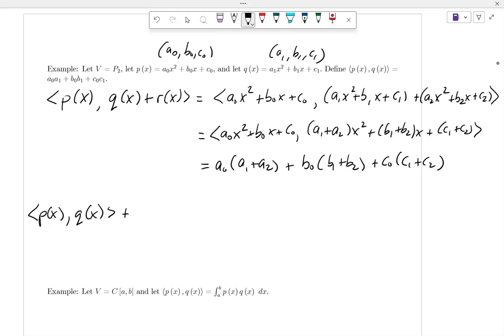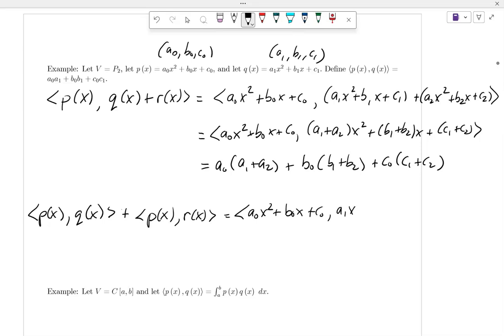Let's look at the other side of the equation for that second property. We need to do the inner product of P and Q, the inner product of P and R, and add. Your P is A naught X squared, B naught X, and C naught.